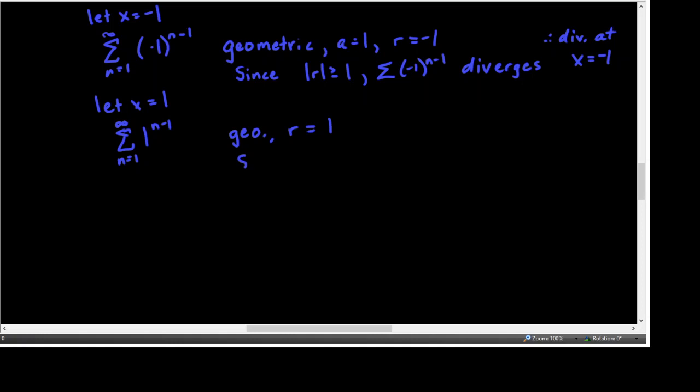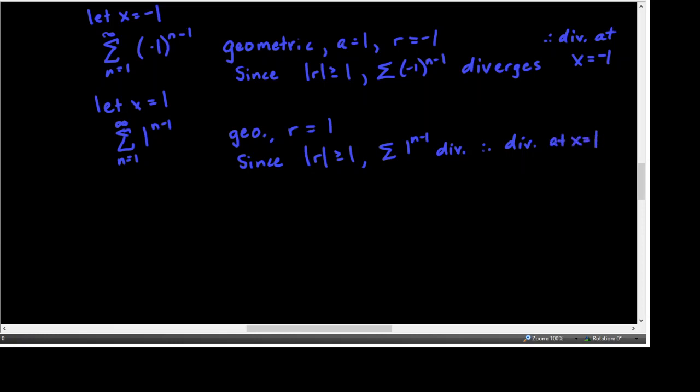Okay, and since, again, the absolute value of r now is still greater than or equal to 1, this series also diverges. Therefore, the series for the derivative of f of x diverges at x equals 1.